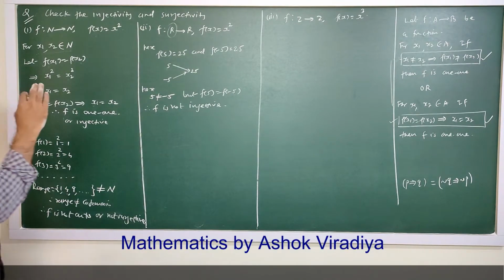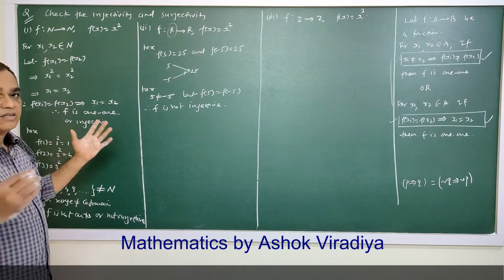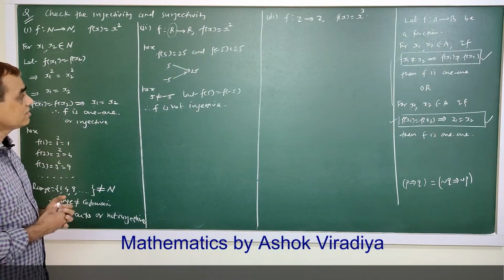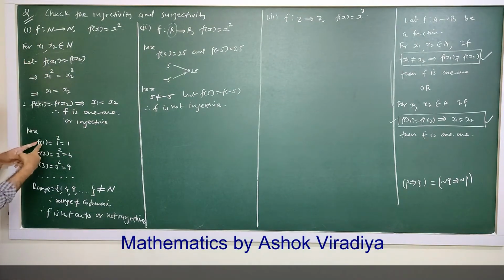Now for surjectivity, let me check its range. See here, because domain was N, beginning is always from 1. After 1, next immediate is 2. After 2, next immediate is 3.